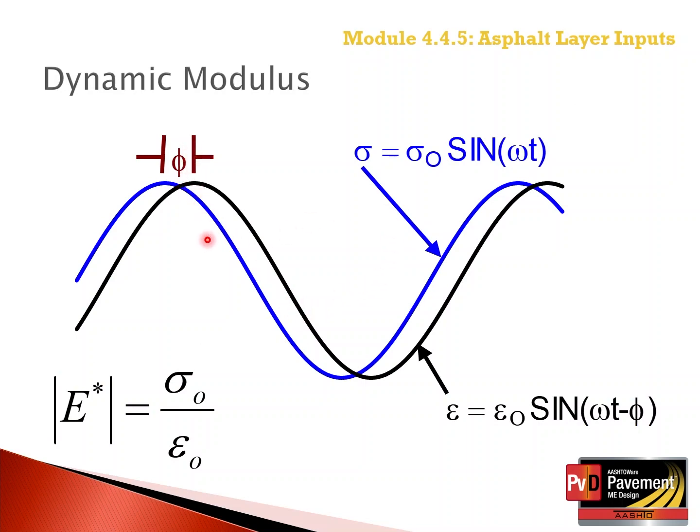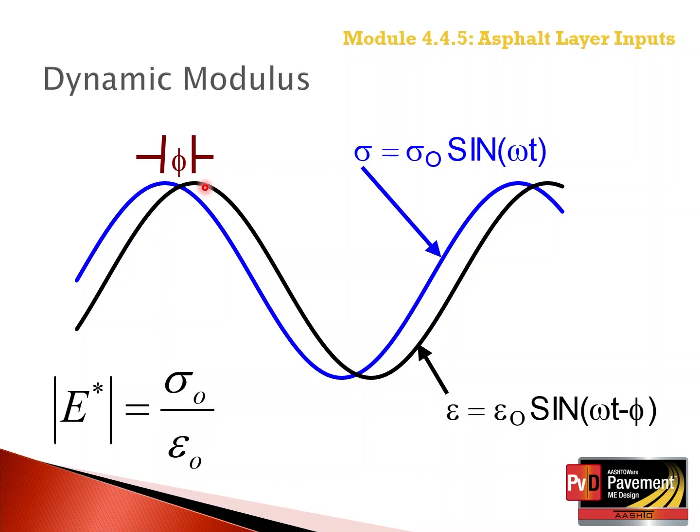The phase angle is defined as the time lag or difference between the maximum applied stress and the maximum measured deformation and or strain. So it's the time lag between the peak stress and peak measured strain.